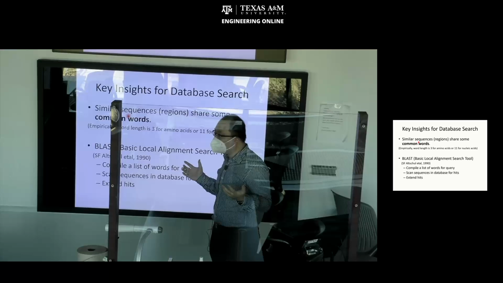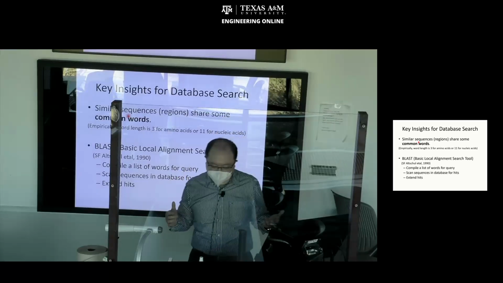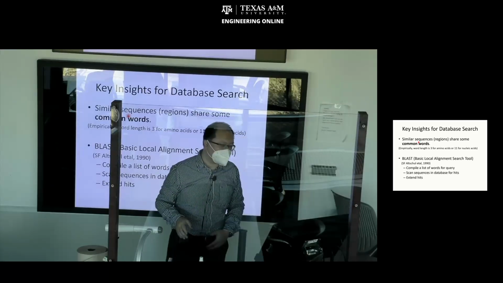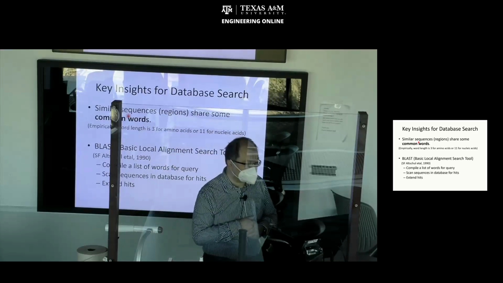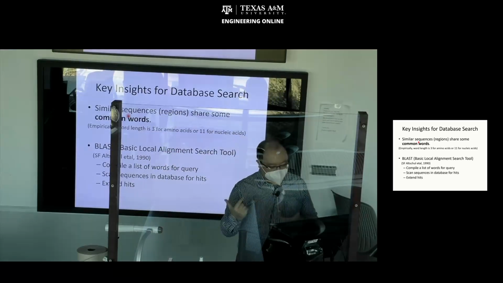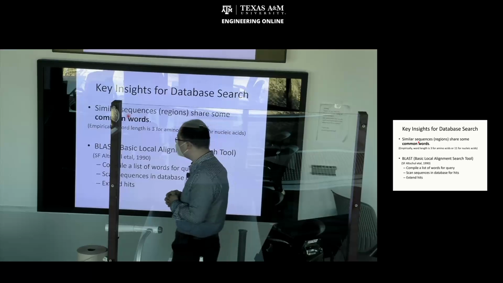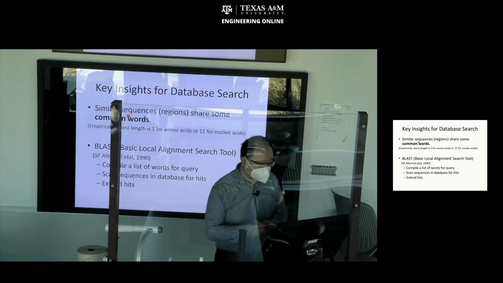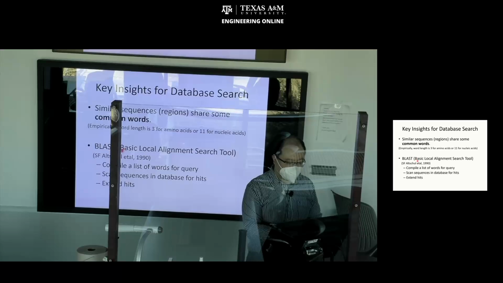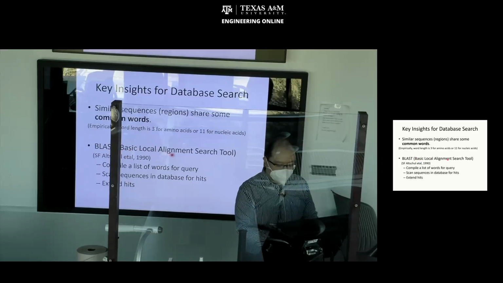So that's why if you talk about the most cited papers in the last century, or even until the first 10 or 20 years of this century, one of the papers is this tool, BLAST, for Basic Local Alignment Search Tool.